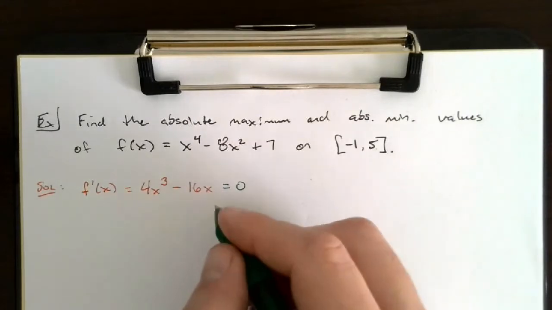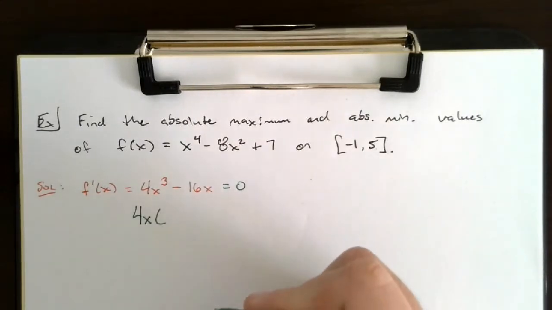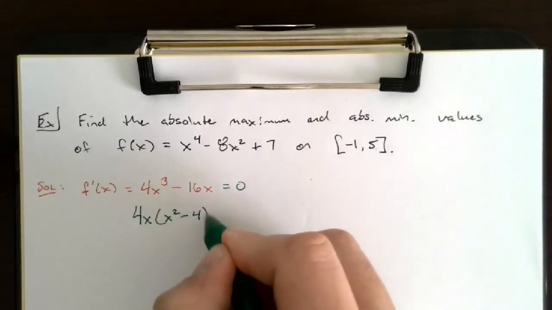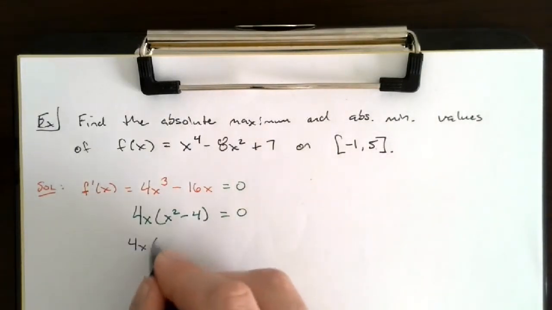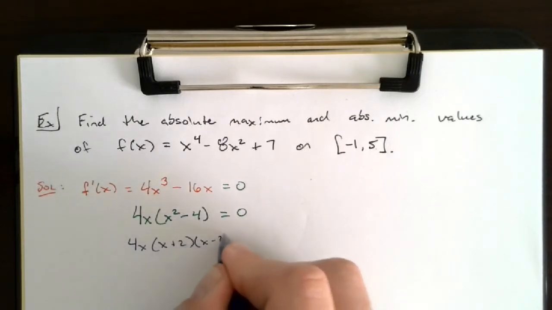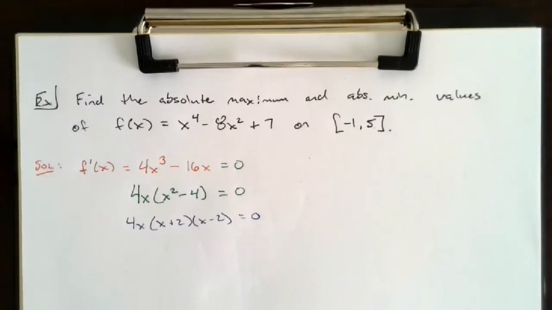So 4x cubed minus 16x, first thing you want to do is factor out a GCF, which would be 4x in this case. And we're left with x squared minus 4, all equals 0. Make sure you're solving this by factoring. We have 4x times x plus 2 times x minus 2 equals 0. Now you want to find your critical values from here.